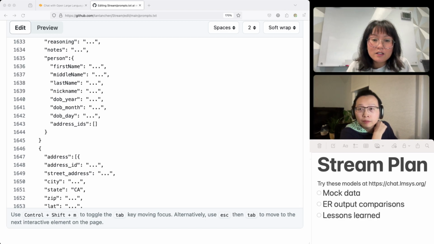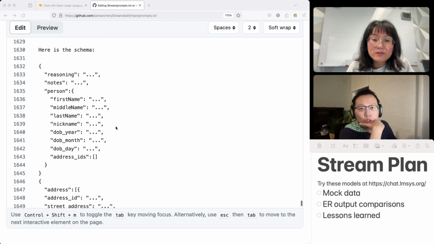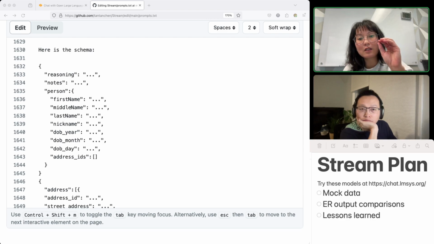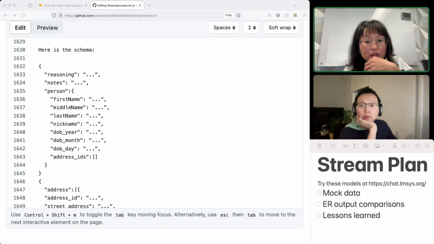Yes. So we could do something like that. So here's a person object and here's an address object. And then, let's see, address IDs. Oh yeah, we have address IDs.